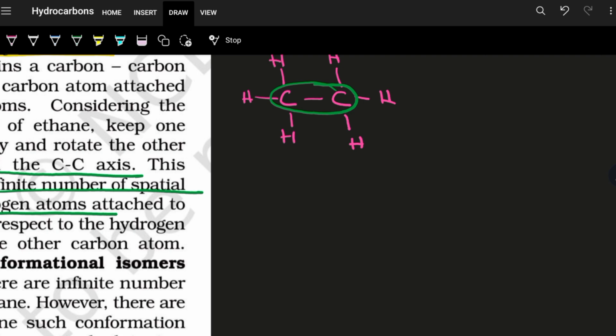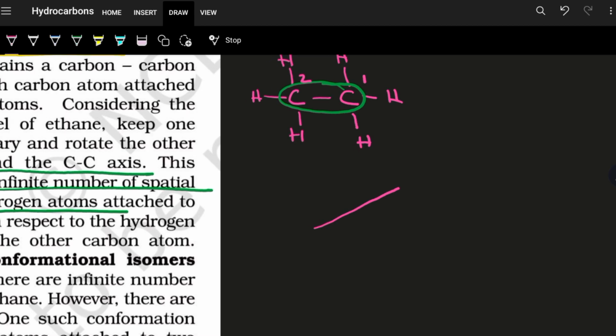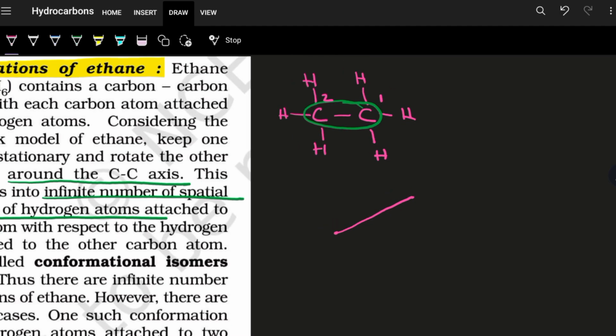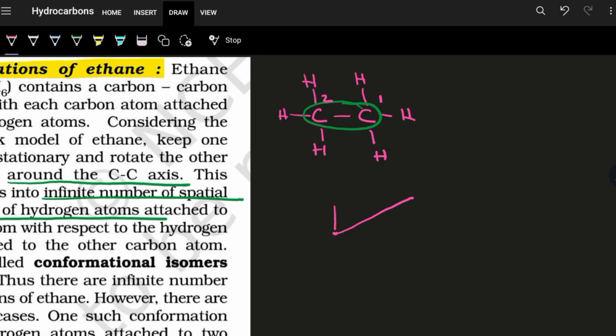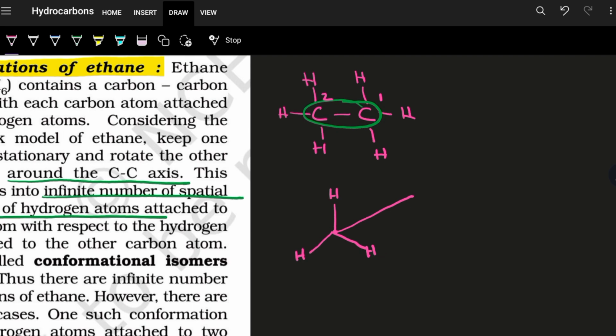If we talk about carbon number 1 and carbon number 2, for a sawhorse we draw this bond, which represents the carbon-carbon bond but doesn't show the bond length. It's just a representation. The front carbon has 3 hydrogens and is sp3 hybridized, so the spatial arrangement around the carbon atom should be tetrahedral. That's why you can see this type of arrangement.